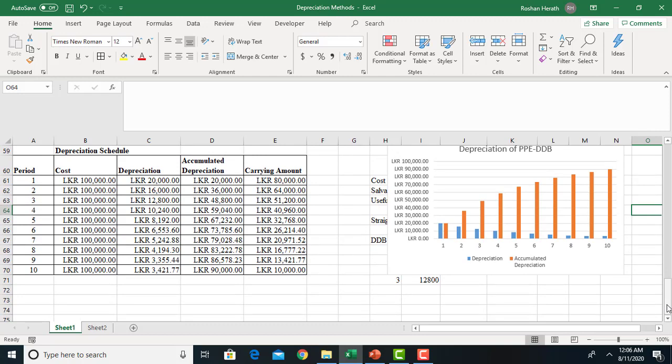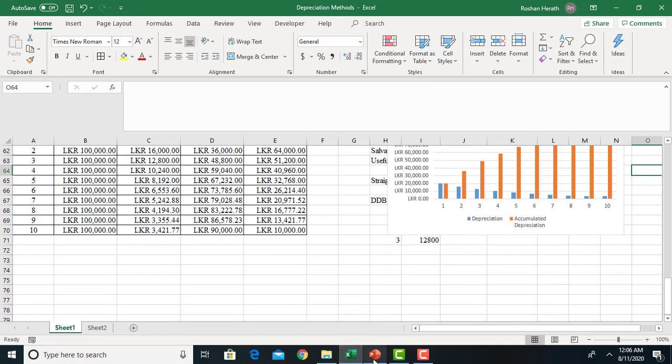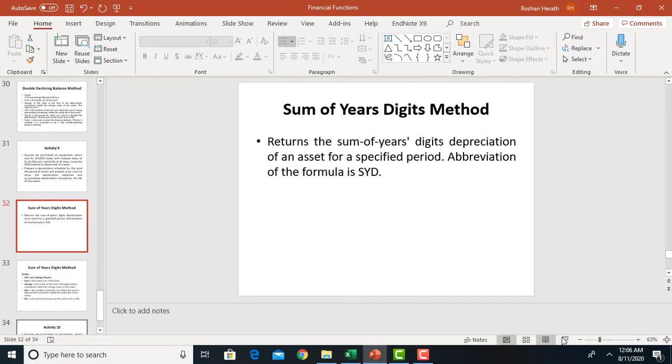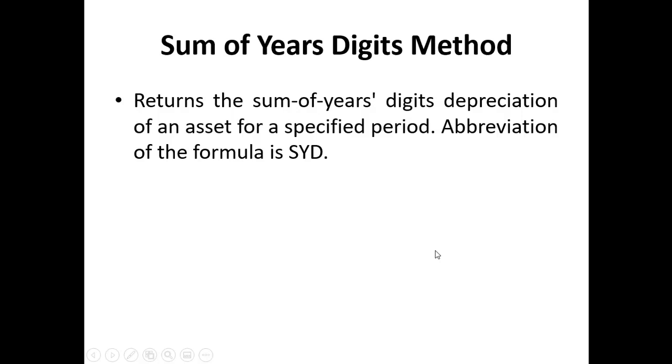Now let's move on to the final depreciation method. We call it the sum of the year's digit method. Again, I would say this is also a variation of the declining balance method, so here also you would experience the same reality. There would be higher depreciation at the start of the useful life.